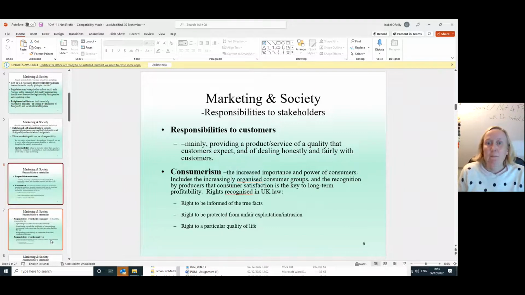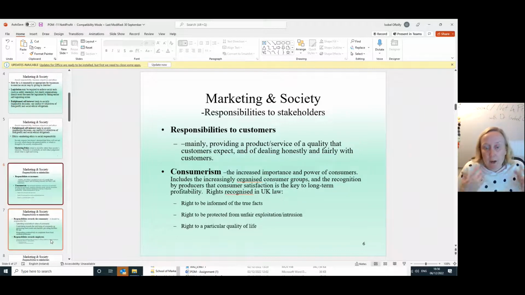Consumerism is the increased importance and power of consumers. It includes increasingly organized consumer groups and the recognition by producers, and therefore their marketers, that consumer satisfaction is key to long-term profitability.